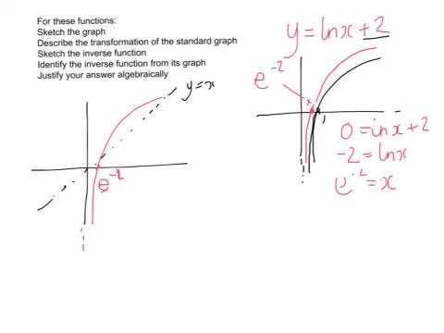So the intercept on the y-axis is going to be e to the minus 2, and the asymptote was on the negative part of the x-axis. It's now going to be on the negative part of the y-axis, off the edge of my graph. So the graph will look like this.